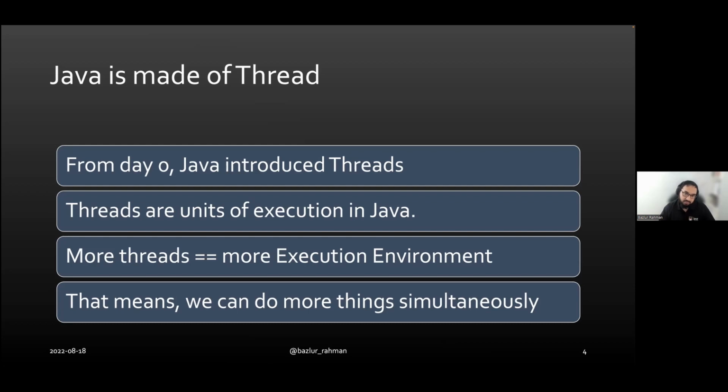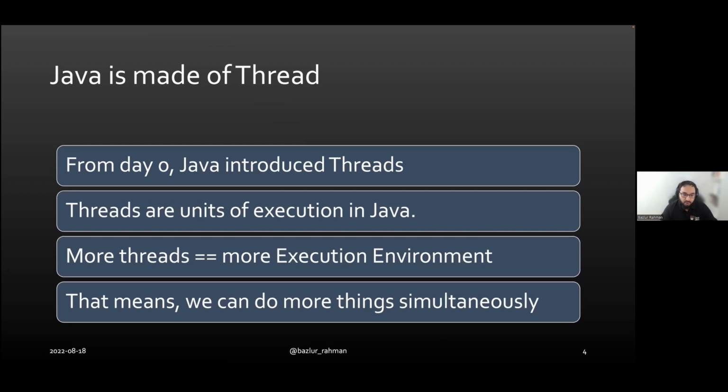So now that we have established that Java is made of threads, and any code that we write is going to be executed by a thread, which is an execution environment, what if we have more execution environments? That means if we have more threads, that gives us more execution environments.